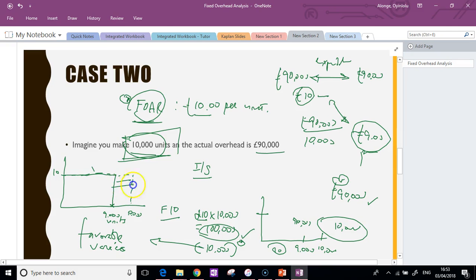So your variance is purely due to this, and this is the volume variance. So your volume variance is 10,000 pounds. The total variance is 10,000. And all of this total variance is due to a volume variance of 10,000 pounds and an expenditure variance of 0. There is no price variance. Right here, right now, there's no price variance. Nothing at all.